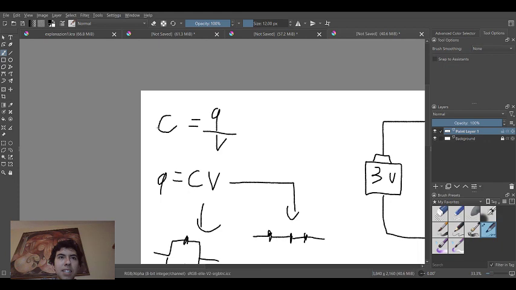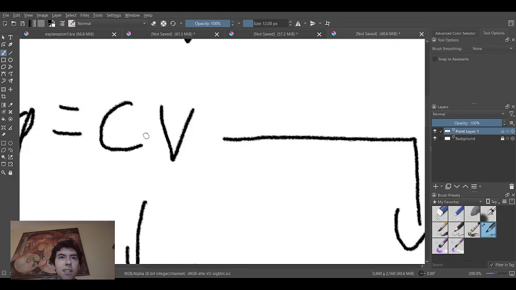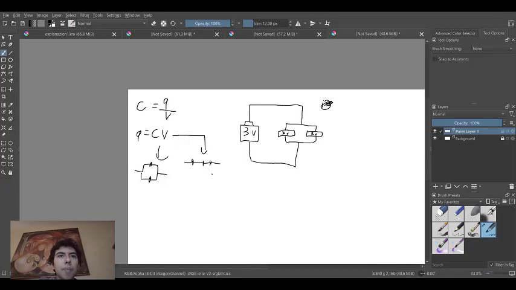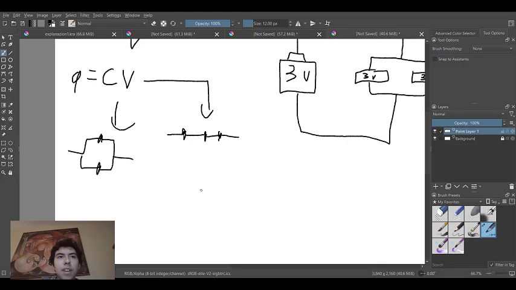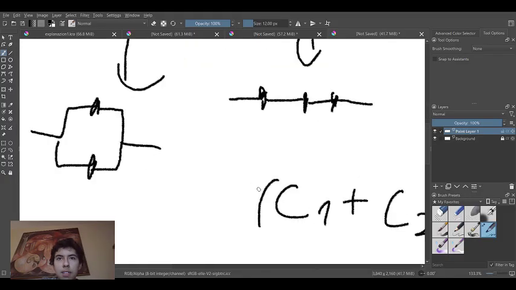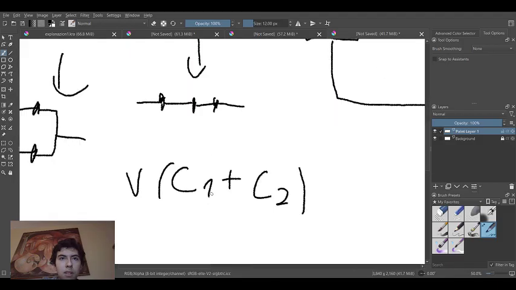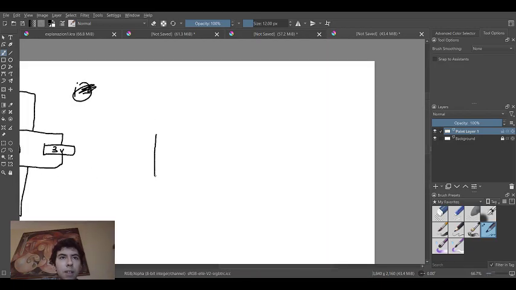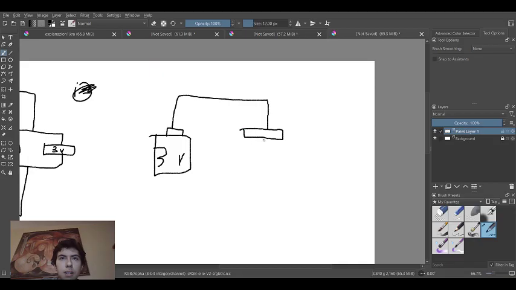So if we have the capacitance and we have the voltage, we can calculate Q by simply adding up the capacitances, C1 plus C2, the capacitance of each capacitor, times V, which is going to equal Q in parallel. Now for series it is going to be different. We have our same 3-volt battery, but now the capacitors are connected in series.